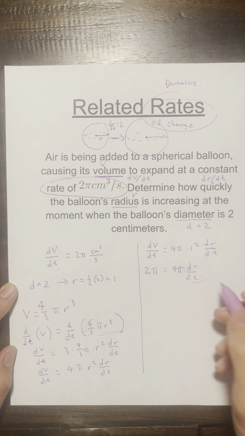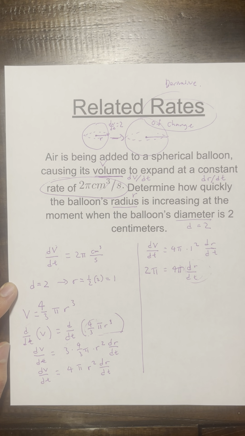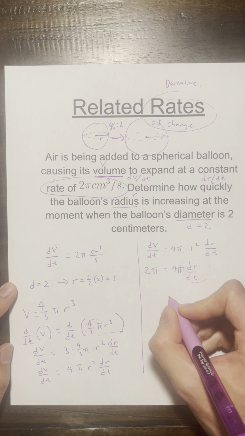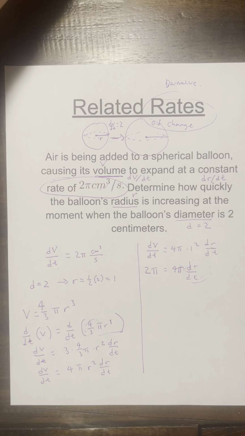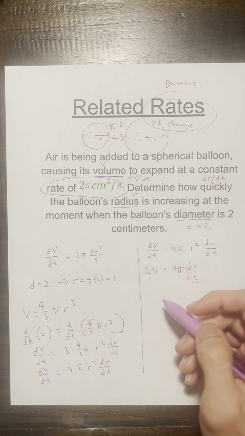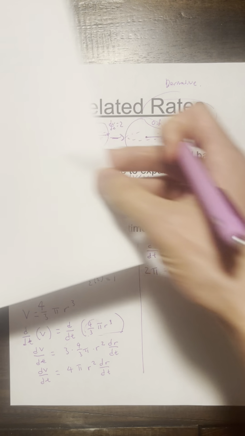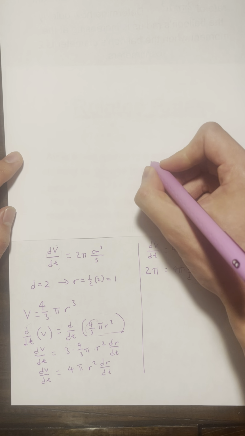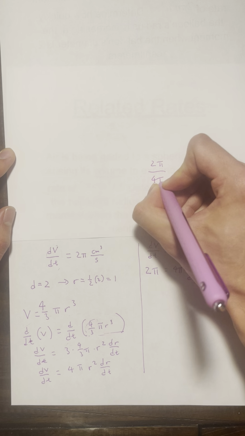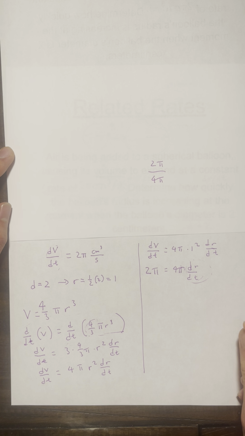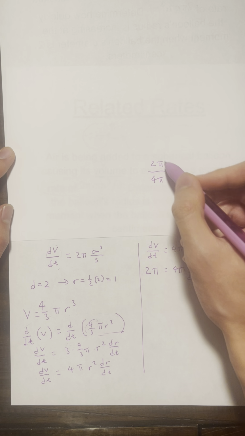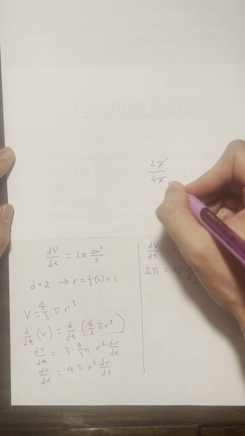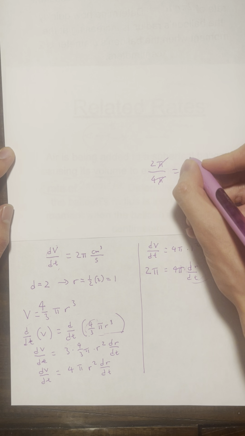So how do we get this by itself? What do we need to divide by on both sides of the equation? Divide by 4 pi. So 2 pi divided by 4 pi. Whatever I write down on this sheet, you don't have to write down when showing your work. I'm just doing this to elaborate on a few things. To simplify this fraction, cross out the pi's, and 2/4 simplifies as 1/2.